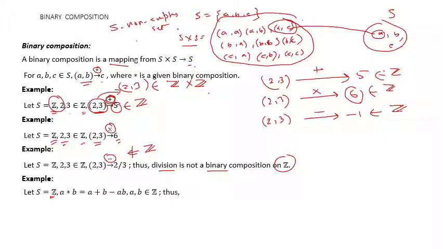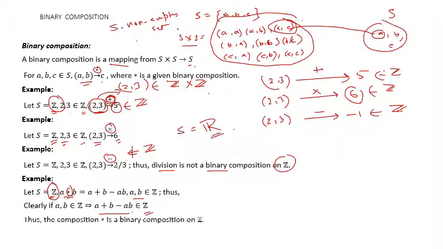Say for example, we consider S is R, which is the set of all real numbers. সেখানেও এরকম addition, multiplication, these are all binary compositions in R. Now suppose we consider Z and we consider a binary composition star as A star B equals A plus B minus AB, where A, B belong to Z. So clearly, if A and B are both integers, then A plus B minus AB is also an integer, and therefore it belongs to Z. So clearly, this composition star is also a binary composition on this set Z.